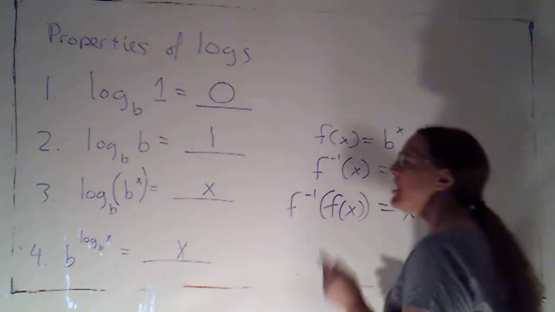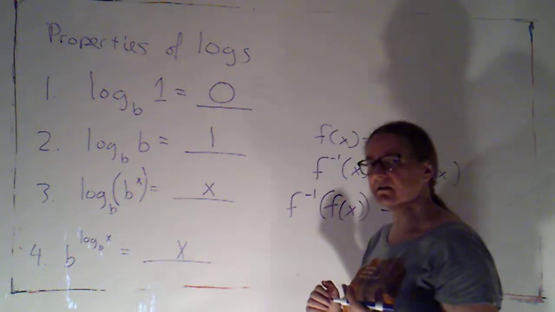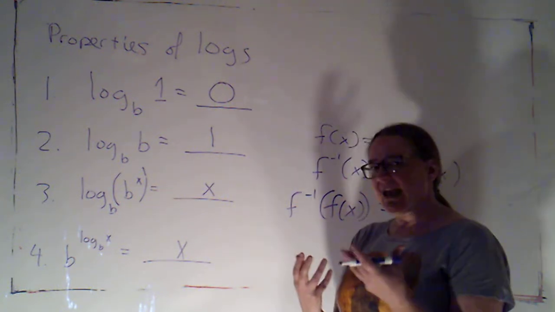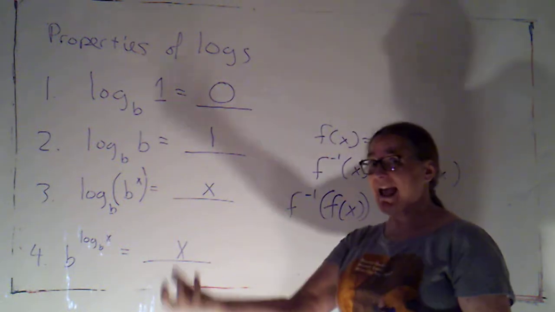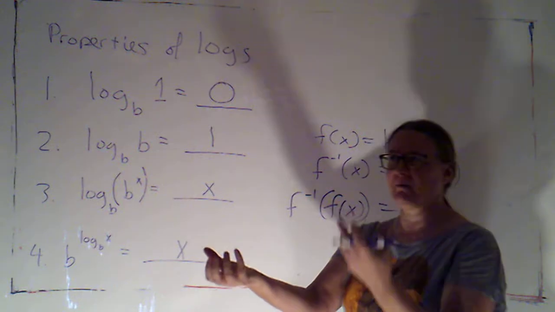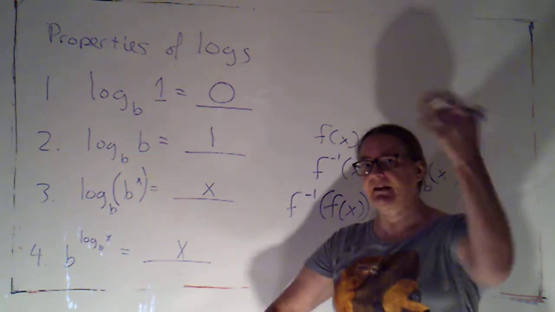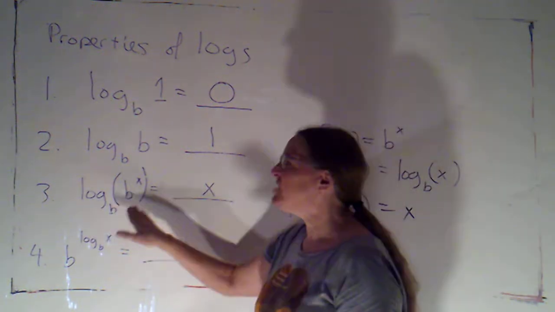People will often talk about an exponential function and a log function canceling. I'm not crazy about that word because canceling makes me think something more arithmetic. Like if I add 2 and I subtract 2, a plus 2 and a minus 2 cancel each other out. If I multiply by 3 and I divide by 3, they cancel each other out. I prefer to use the words these undo each other.